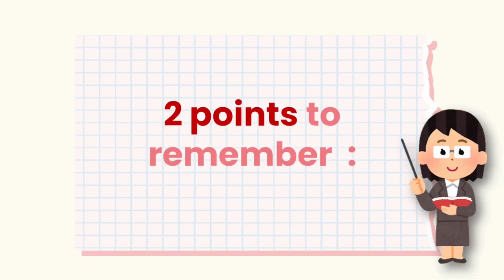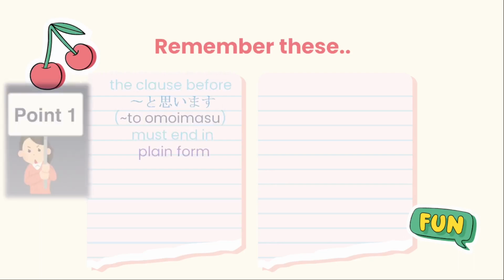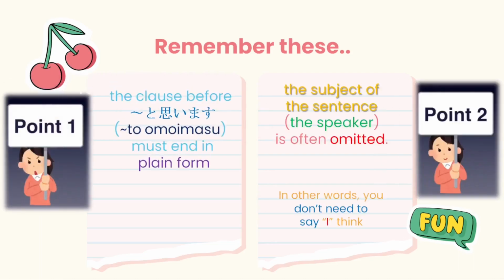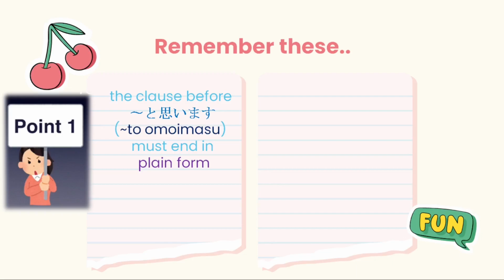Fine. Before we start with the to omoimasu pattern, there are 2 points that you should remember. One of them is already covered basically. Point 1 says that the clause that comes before to omoimasu must end in the plain form, and that's what we were learning today.